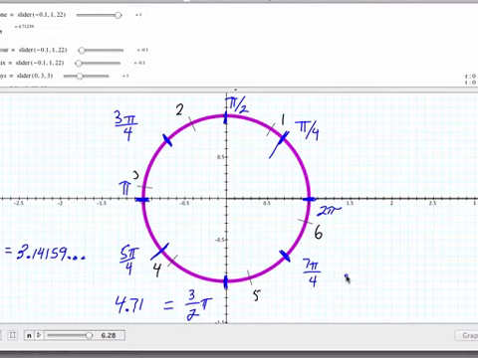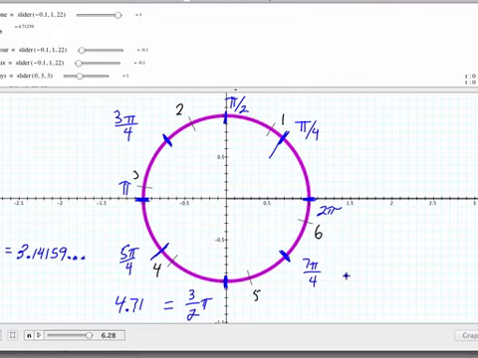Okay. Quick estimate of 7 pi over 4. 5.5, right? Around 5.5. Because it's still a number of radius lengths. Okay, so that's our pi over 4 angles. Any questions on those?